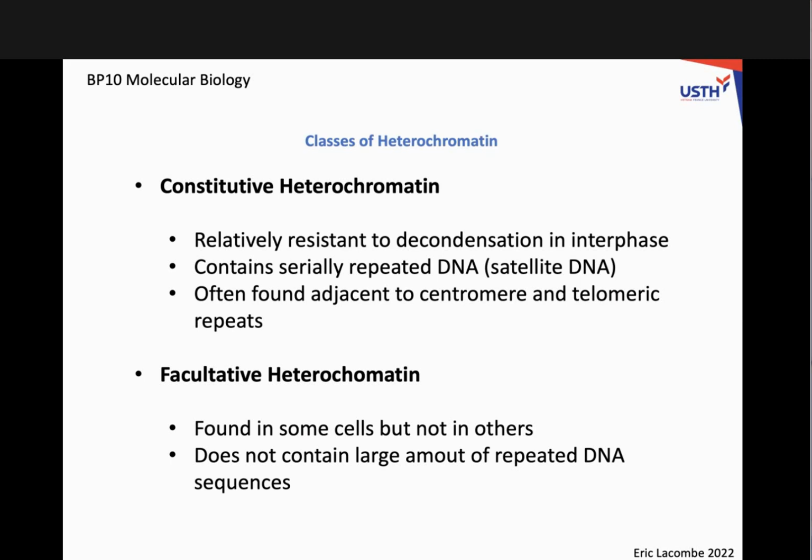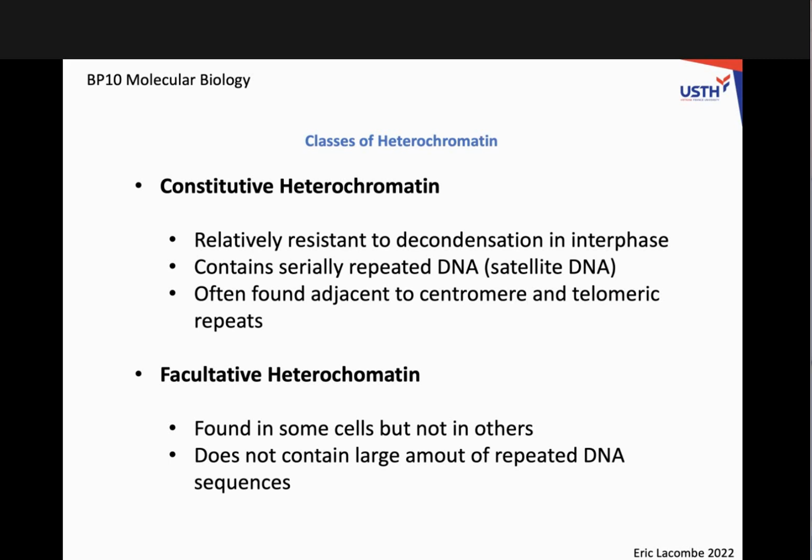Okay. You're completely right. So it means that this constitutive chromatin is here to protect part of the genome that cannot be stable. It means that all this part of the genome that is composed of transposon that can jump from one place to another place, they need to be shut off. And they need to be shut off during all the cell cycle, whatever the stage.